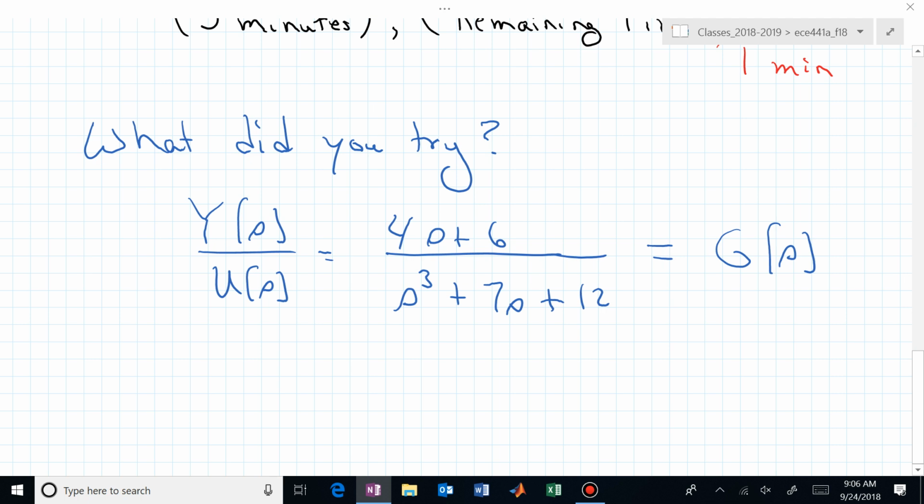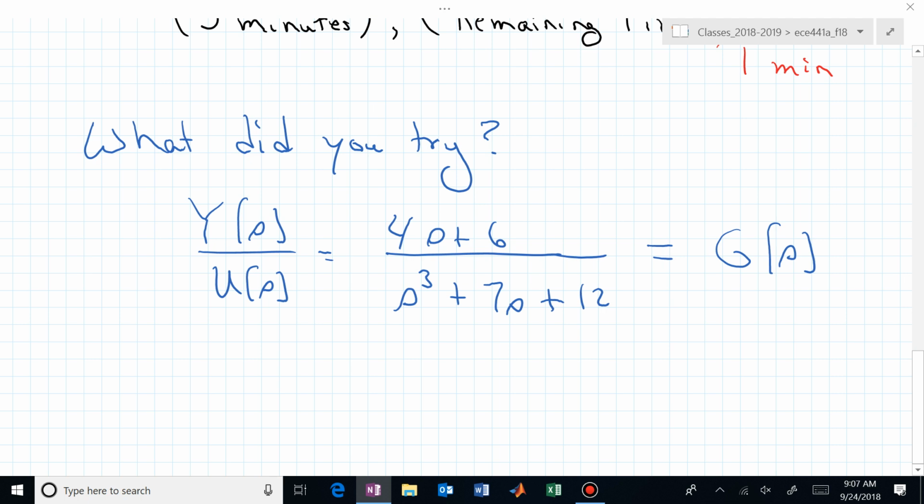Did you even know where to start or how to proceed in trying to find a state space? Or what if you didn't? What if somebody asks this as an interview question and says, I want a state space representation from this transfer function? What could you say? Well, to give yourself time, you might say, let me look at a more basic transfer function.